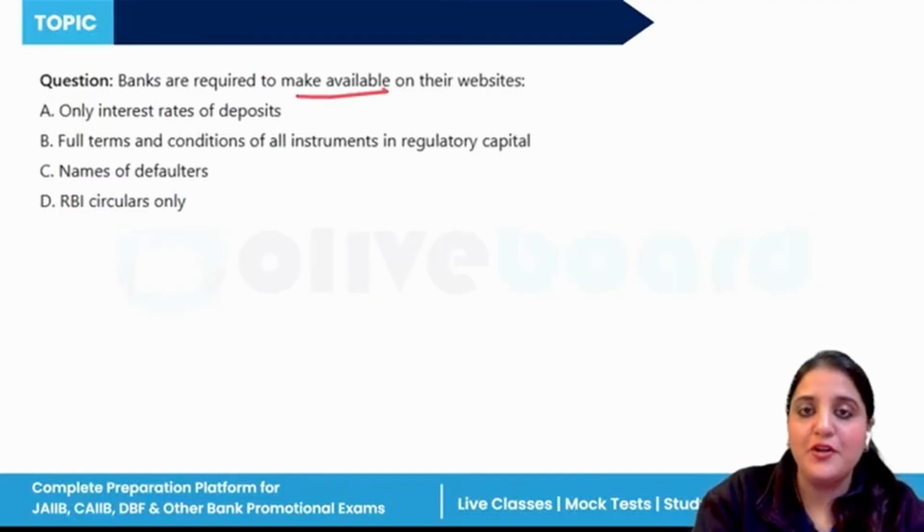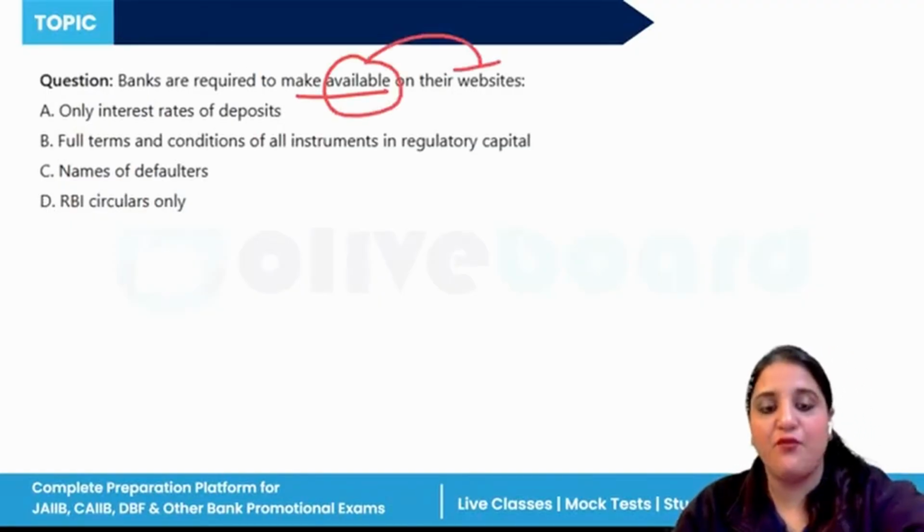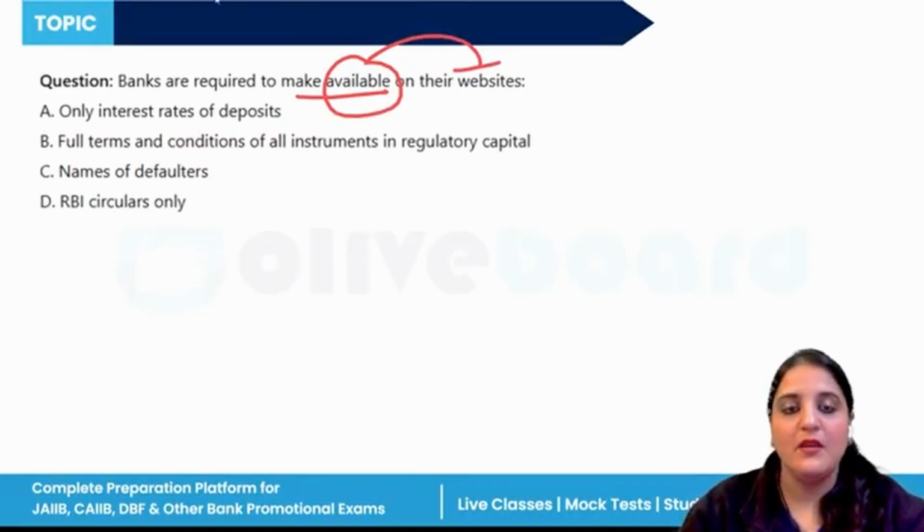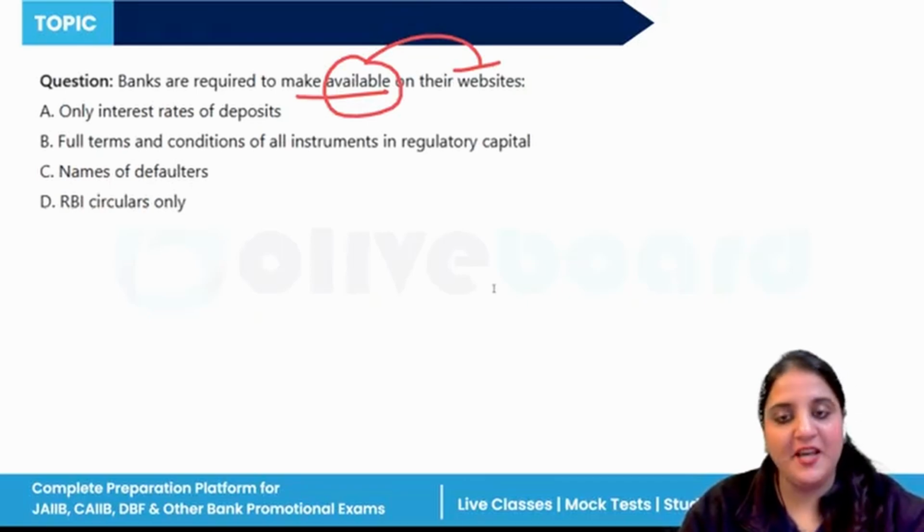Now banks are required to make available on their website what? Banks have to disclose the full terms and conditions of all the instruments which are included in the regulatory capital. They have to keep their information updated in the prescribed form on the website.